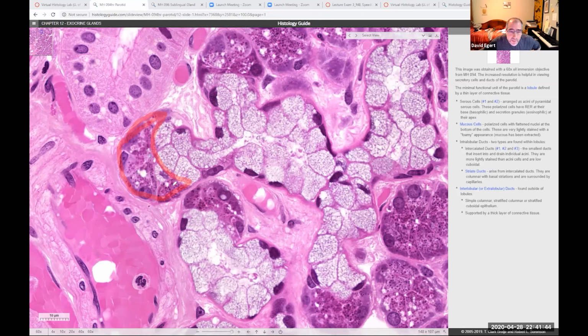It's not uncommon for the serous cells to make these little half moons over the mucus cells. So we have the little serous cells making a half moon, and their official term, let me see if I can draw it. They're made out of serous cells. Serous. And half moon is demilune.